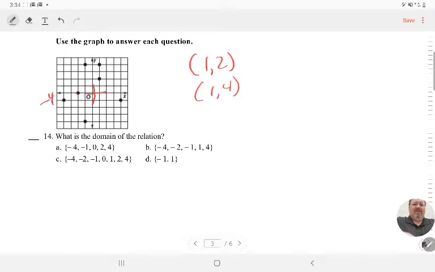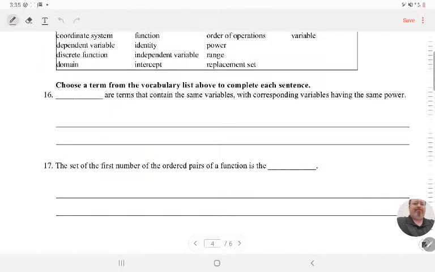I know that there is a -2. I know -1. So I'm just looking at all of my x's, because that's the domain, and then I am just checking to see which one of these covers all of my x's, and that would be B, okay? And this one has a 0 in it and a 0 in it. Nowhere does the x fall on 0, so those two are kicked away, and we have more x's than -1 and 1. So that's another reason I know it's B, okay?